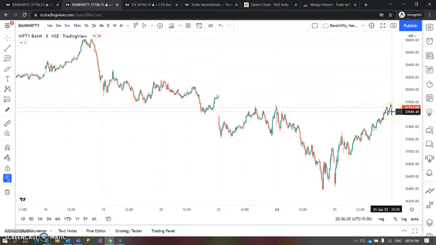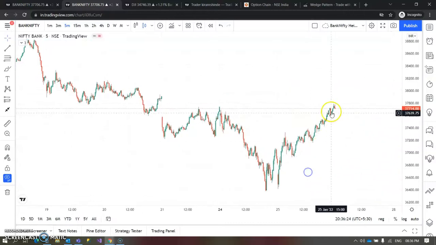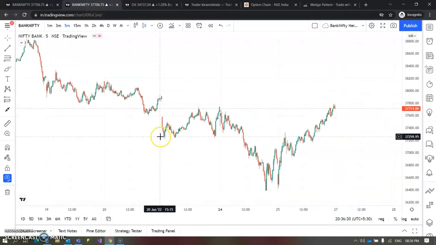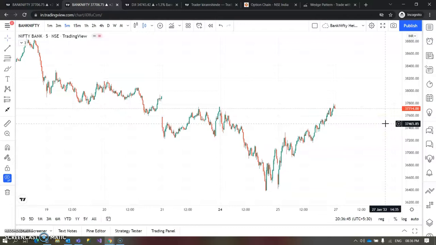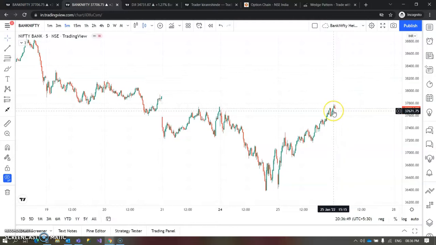Okay, considering tomorrow as expiry, we may even see some point of correction, and if market goes with the correction and touches this particular level which I am highlighting, 37,000, if it goes below 37,400, then we may see a sideways market. But considering the Dow Jones factor, I am expecting a bullish rally as well.